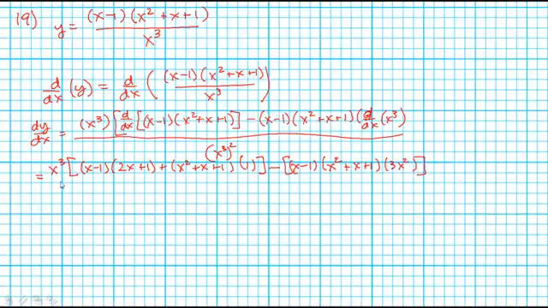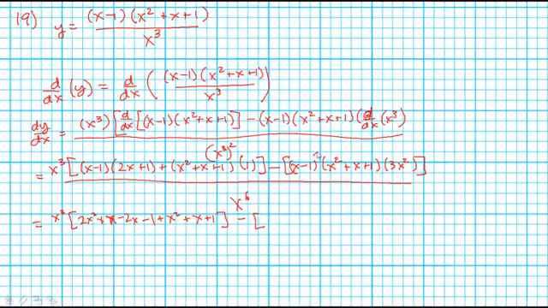And again, all of this is over x to the 6th. Now, let's see if we can clean this up a little bit more. X cubed times, this is going to be x squared, x minus plus x minus 2x minus 1 plus x squared plus x plus 1 minus, and then we have to expand all this.